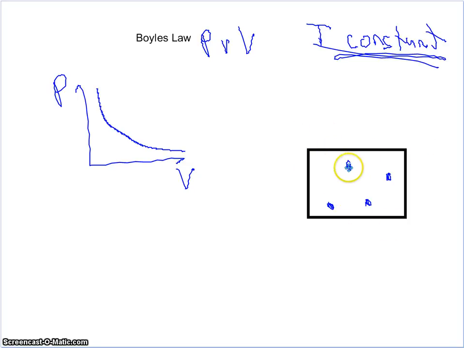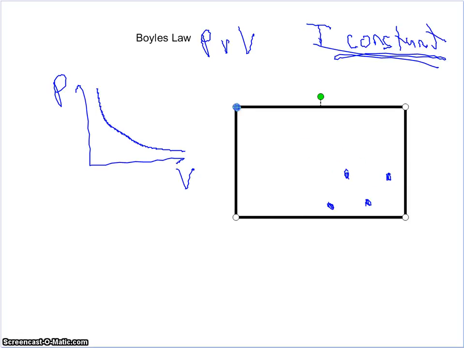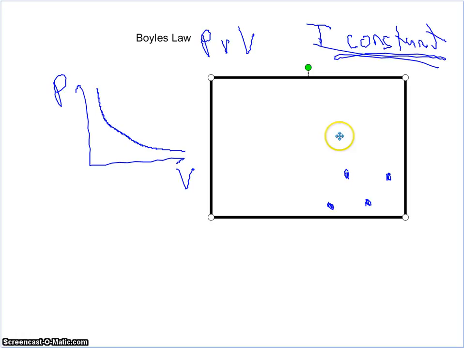As they move around, they bump into the surface, and every time they bump, they're creating pressure. If they don't change speed, but you increase the volume, at constant temperature, it's going to take a lot longer for them to hit the surface and create that pressure. So the bigger the volume, the slower it's going to hit and the lower the pressure.